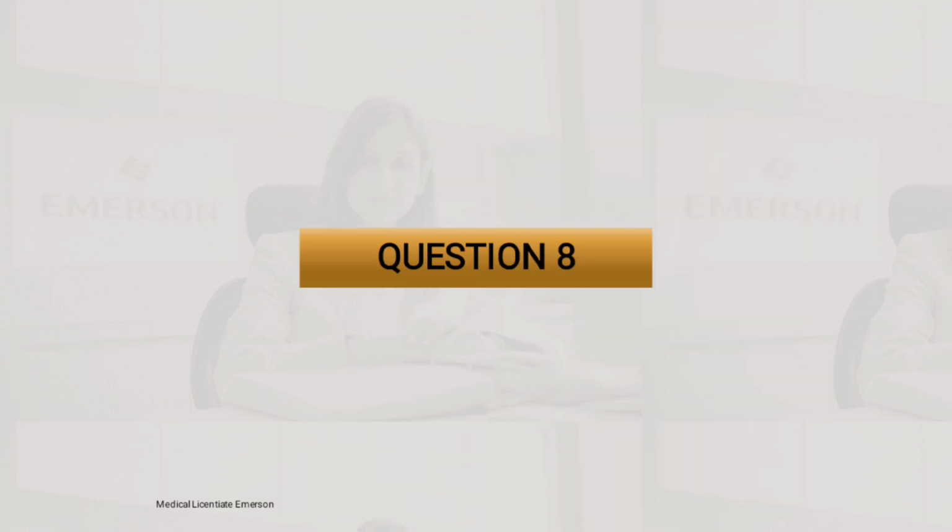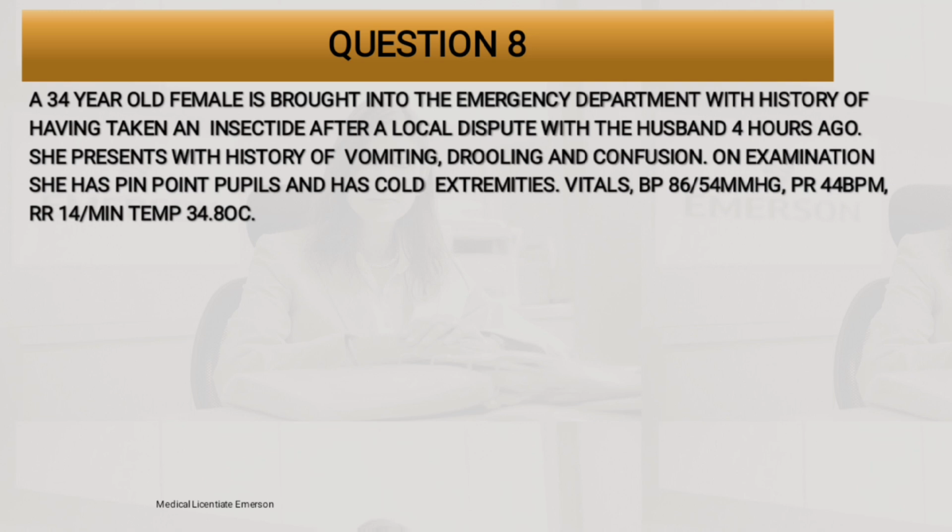Okay, then for question 8, a 34-year-old female is brought into the emergency department with history of having taken an insecticide after a local dispute with her husband 4 hours ago. She then presents with history of vomiting, drooling, and confusion. On examination, she has pinpoint pupils, cold extremities.